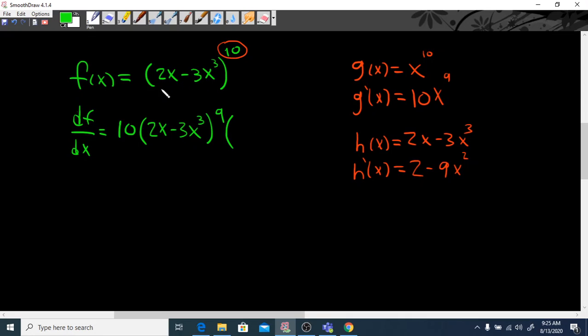Then we move inside. So inside function, we've already written it down. Derivative of 2x is 2 minus 9x squared. Okay? So let's see. Is there anything we can do? I don't think so. Yep, that's it for that one. Okay, good.